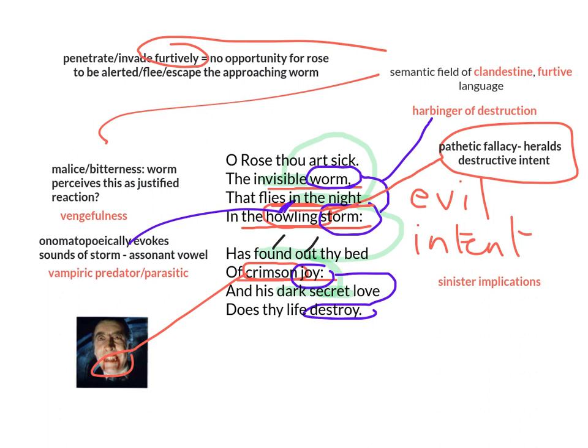Well, for me, if we tie it into that idea of malice and revenge, then we definitely have that notion of malicious glee. If something is found out by its nature or its meaning, it's suggesting that something wanted to be hidden and remain out of sight. So I think the invisible worm with that spondaic stress is like, aha, you thought you could escape me. I have found you. I am coming to destroy you.